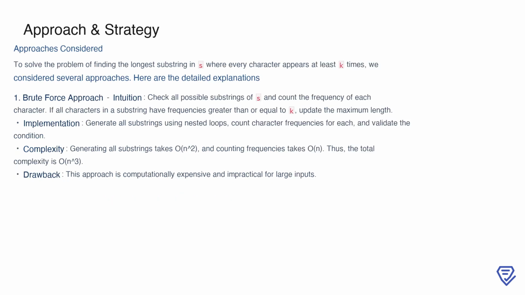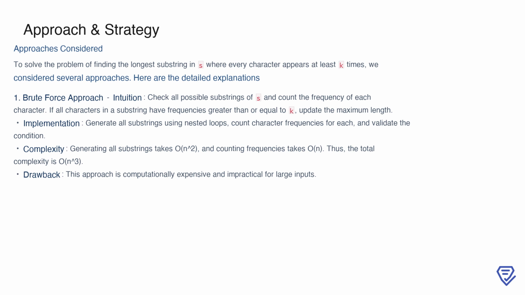To tackle the problem of finding the longest substring in which every character appears at least k times, we initially considered a brute force approach. The intuition here is straightforward: examine all possible substrings of the string S, count the frequency of each character, and check if every character within the substring meets the condition of appearing at least k times. If it does, we update the maximum length encountered so far.